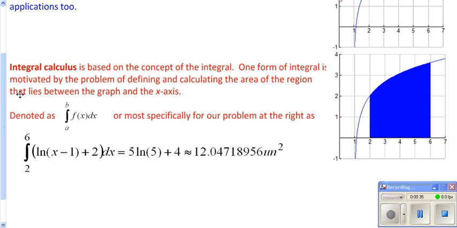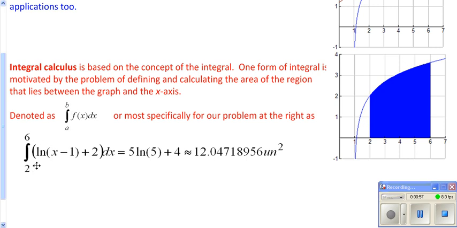We know from what we talked about in our first two packets that we had the derivative, which was the slope of your tangent line. We also had the area underneath your curve, which was referred to as your integral. Here we have what's referred to as a definite integral because we have your upper and lower limits.